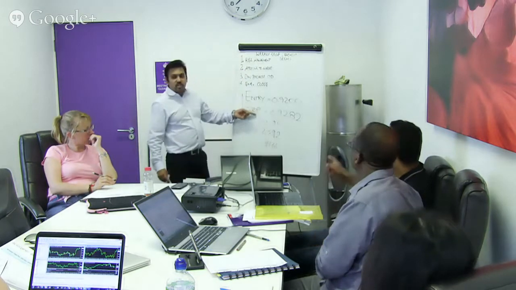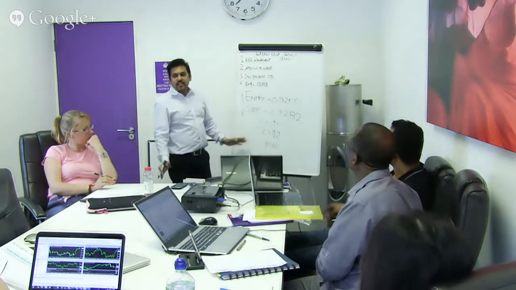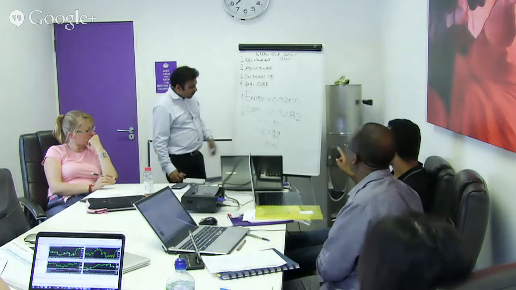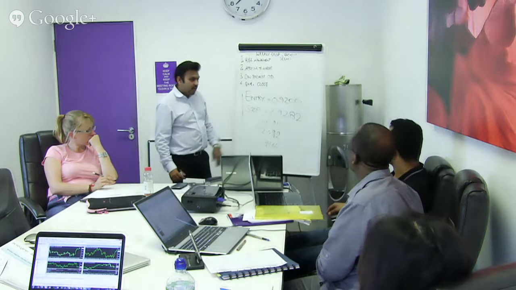So again, you can use the position size formula. That's 0.20, correct? Same thing. So 0.2 is $2 per pip, which is about £1.66.